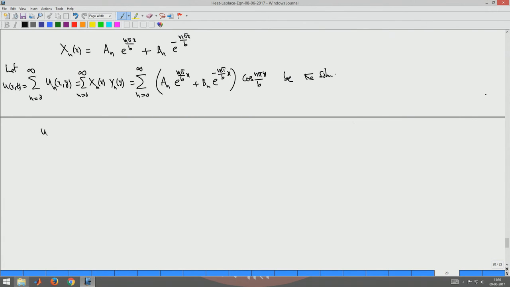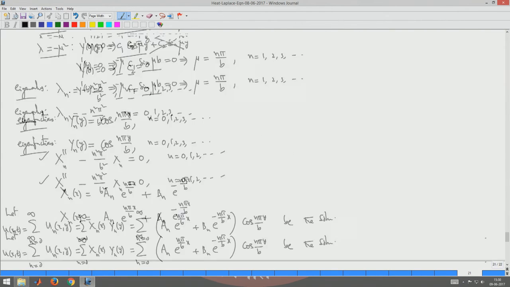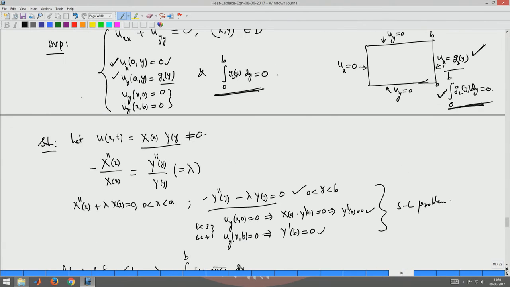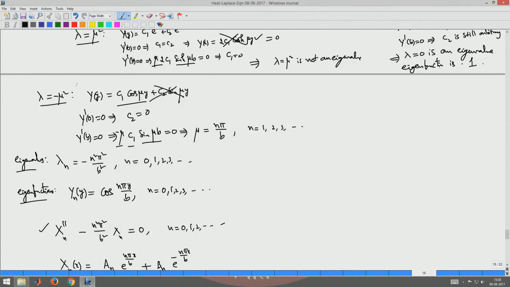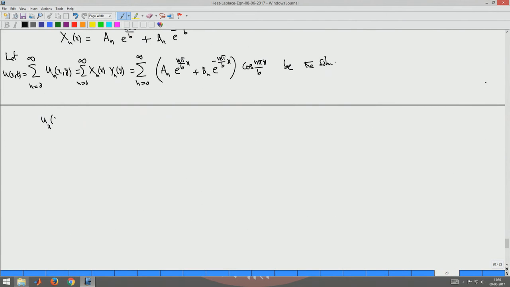So, apply first u x at 0 y is equal to 0. This is the boundary condition 1. Now you can differentiate u with respect to x on both sides.